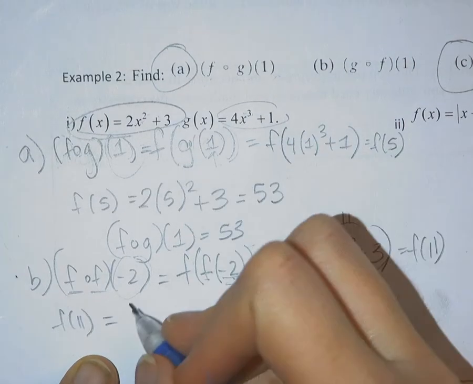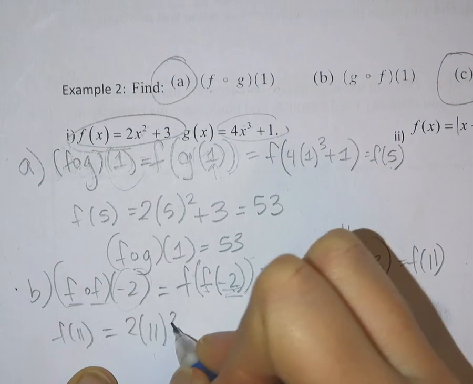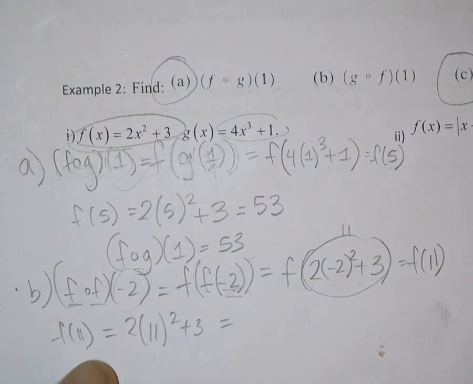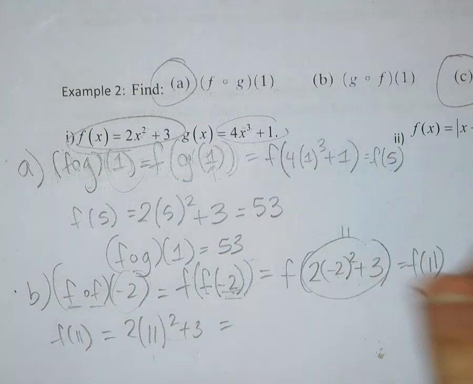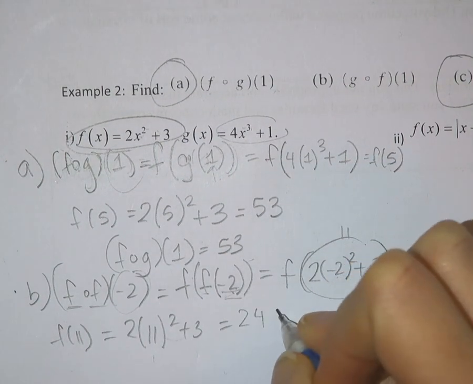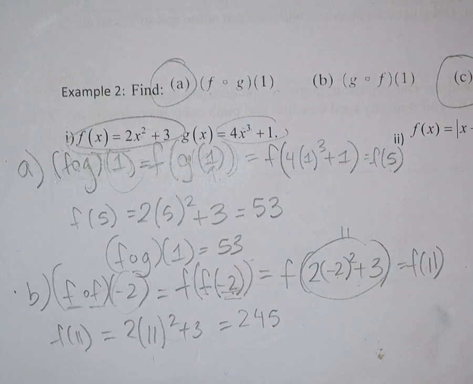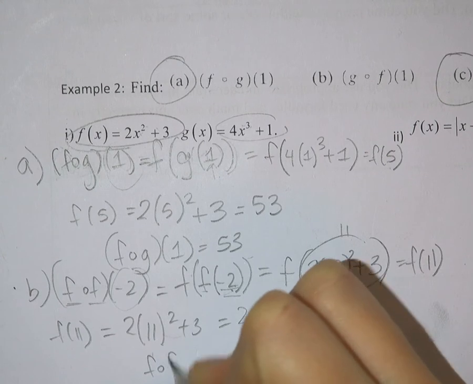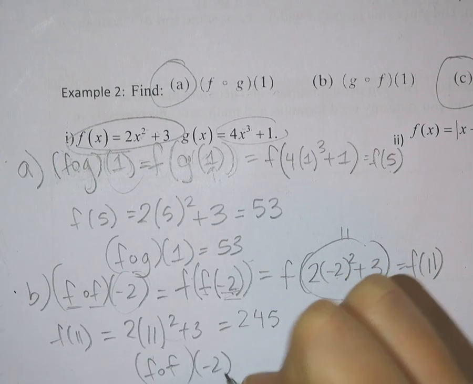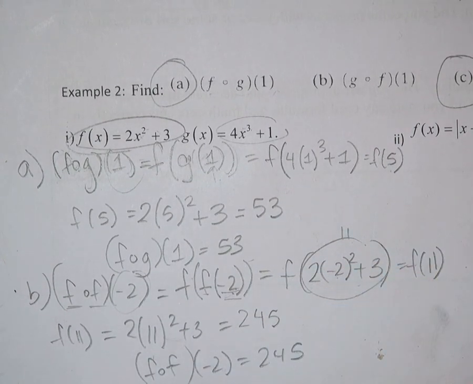So this is going to end up being 2 times 11 squared plus 3. 11 squared is 121, times 2 gives me 242, plus 3 is 245. So then I can say f composed with f of negative 2 is 245.